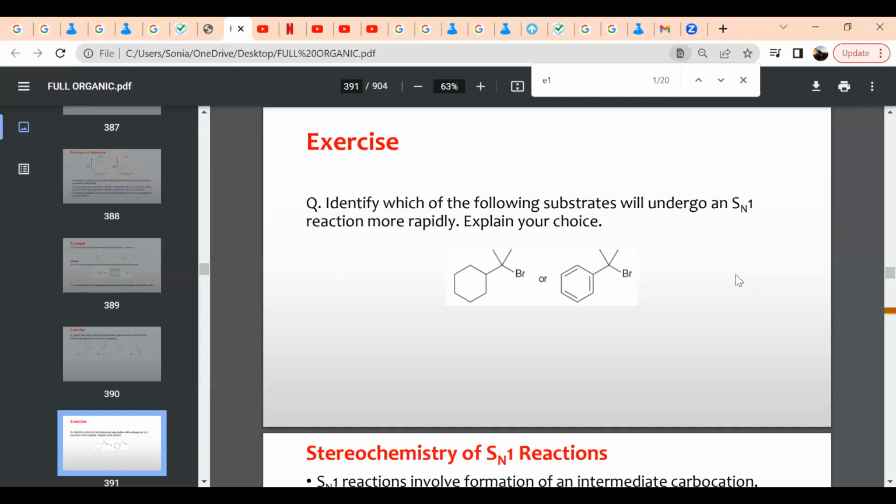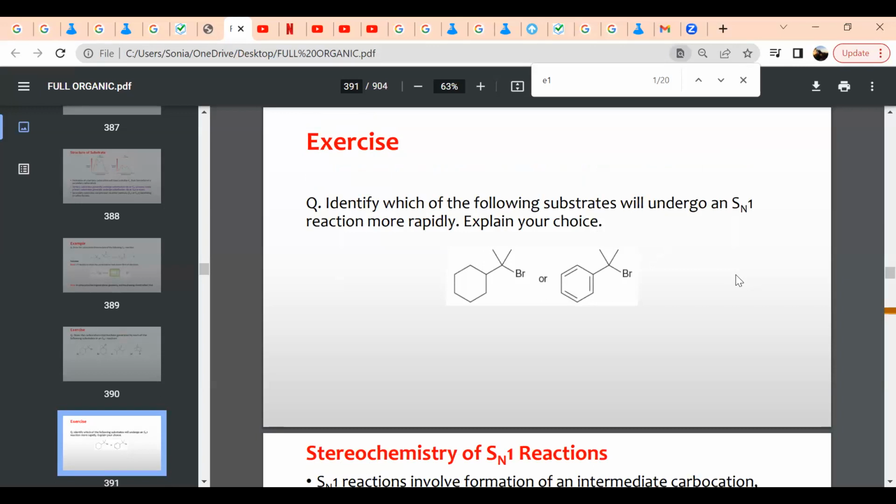Here there's a question that I also had to research a bit more. Identify which of the following substrates will undergo an SN1 reaction more rapidly. Explain your choice.